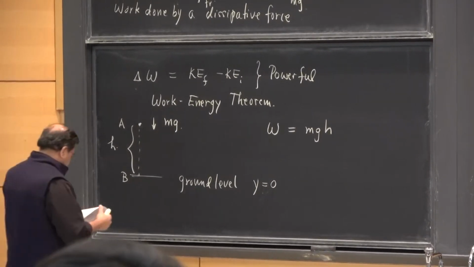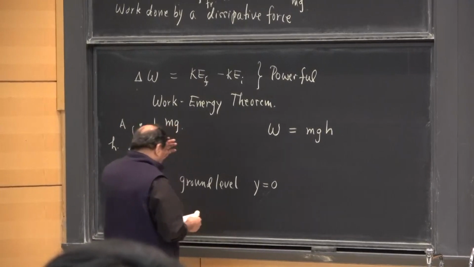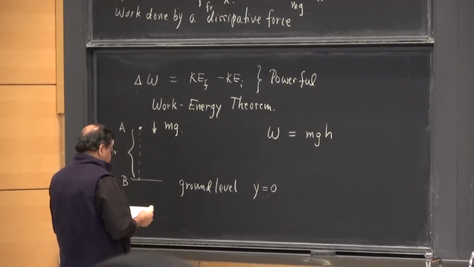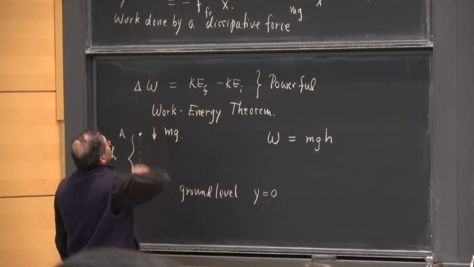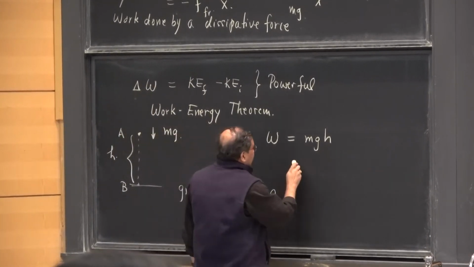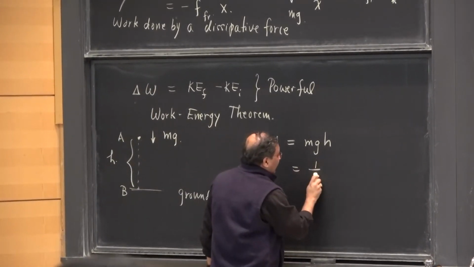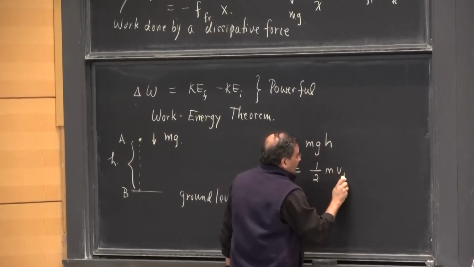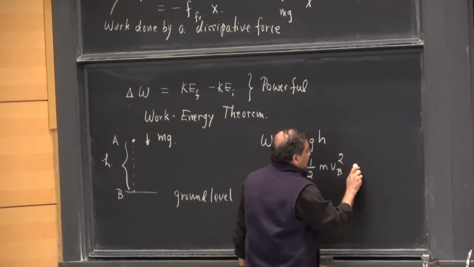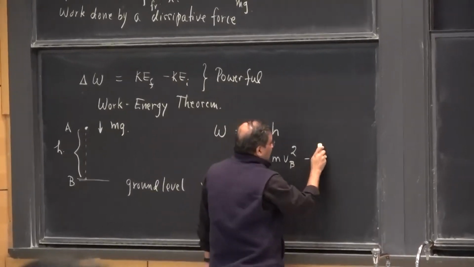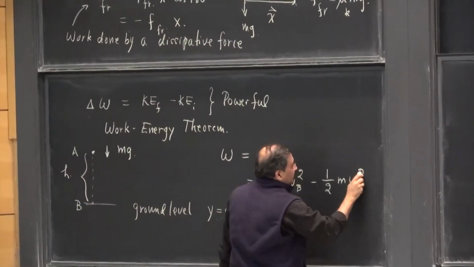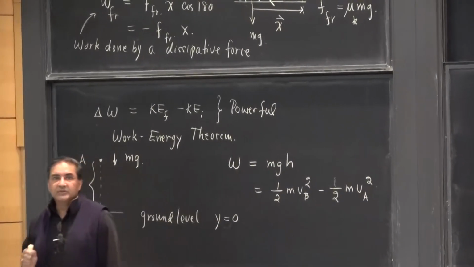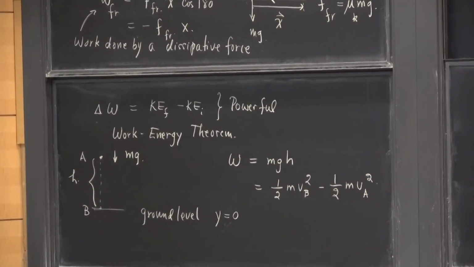W is mgh. So if W is mgh, then by work energy theorem, 1/2 mass times velocity at B square, which is the kinetic energy at B, minus 1/2 mass times velocity at A square must be equal to mgh, right? That's what we learned.